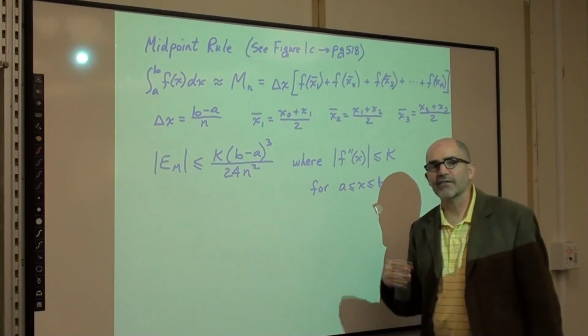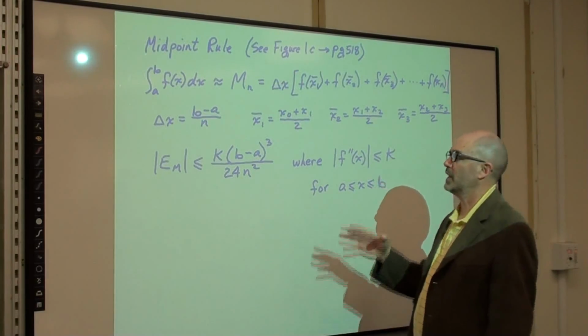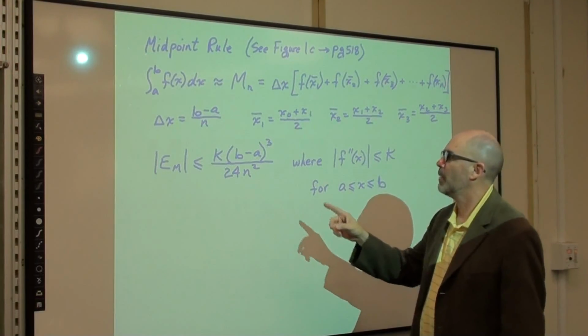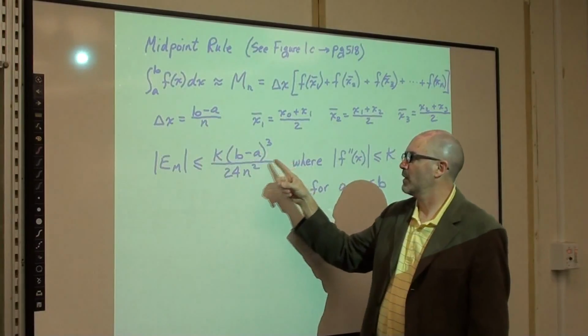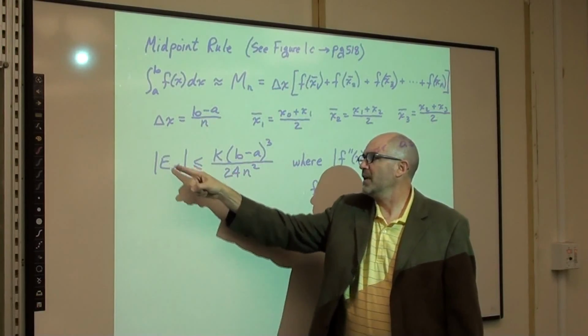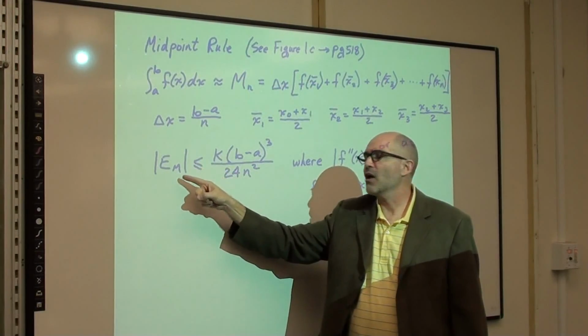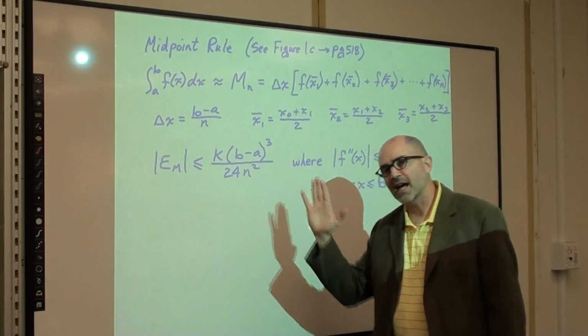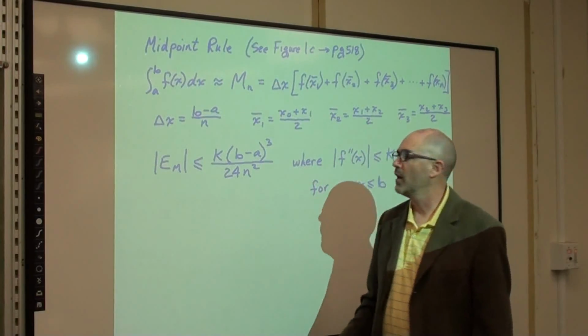Now, this is going to have an error associated with it. It's not going to be exact. It's going to be off by this amount. So this is the error. E sub m is the error of the midpoint, and we have it in absolute value because the error could be high or it could be low.